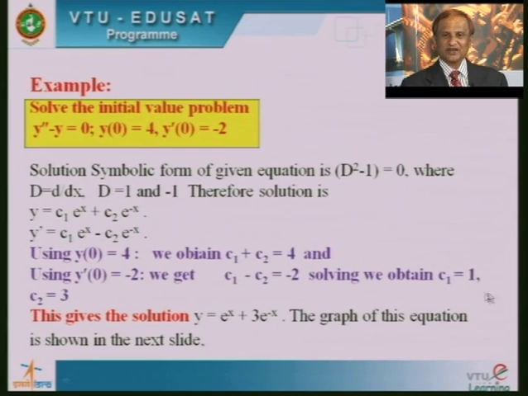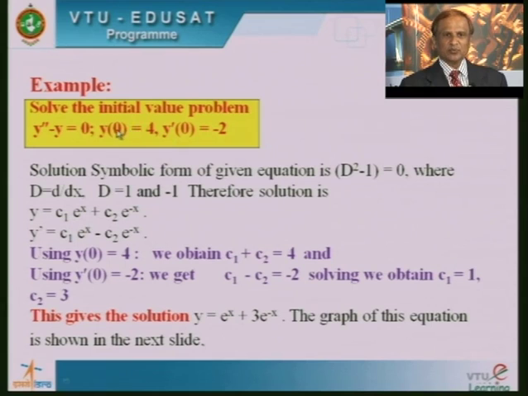Once you get the value of one unknown, I can substitute either in the first equation or in the second equation. By substituting, I can obtain the value of C2. So, what is the value of C2? You will get equal to 3. So, it means using the given conditions, I have obtained the arbitrary constants present in the solution.